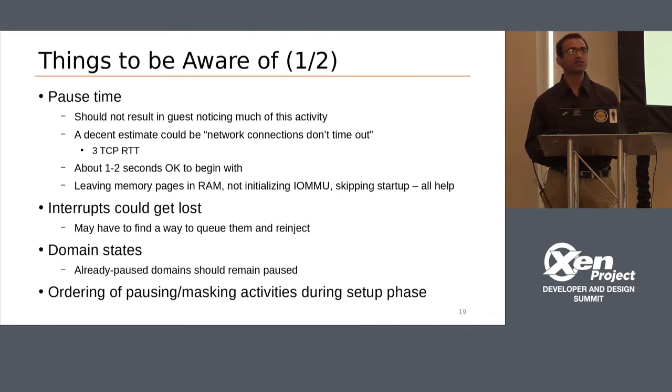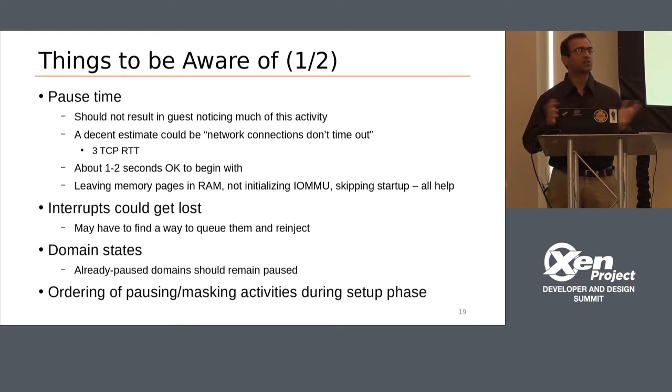What is a reasonable pause time for guests, which really sets an SLA for the live update activity, as it were? We are targeting a few seconds for now, but eventually we would really like to have guests not notice it. One reasonable estimate for that is not having guest network connections time out, so 3 TCP round trip times could be a reasonable enough approximation. We don't know yet, we'll find out.